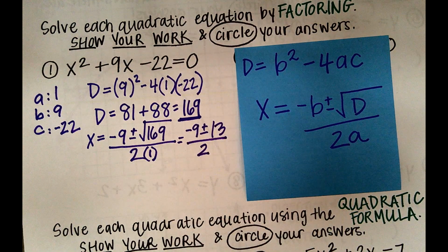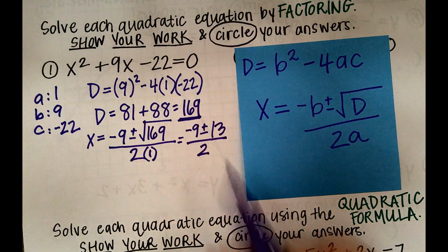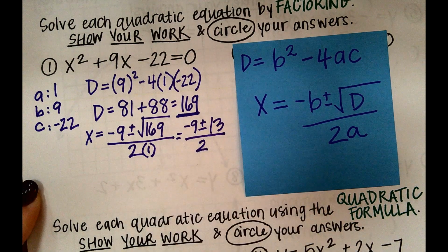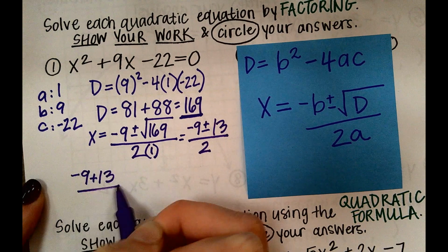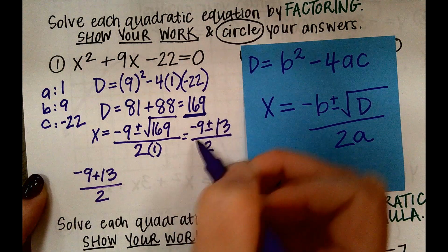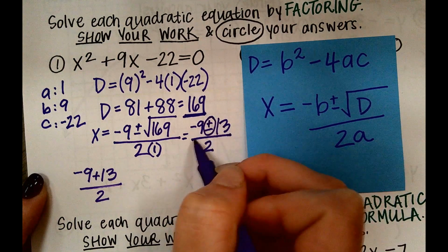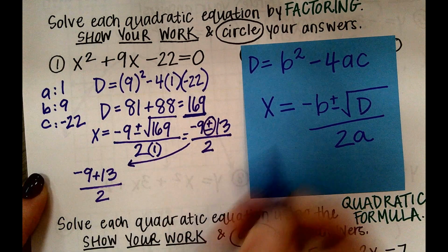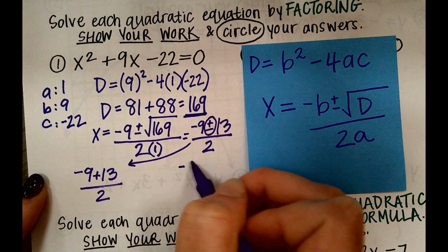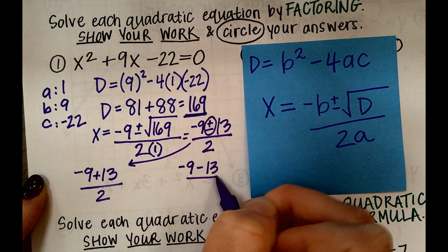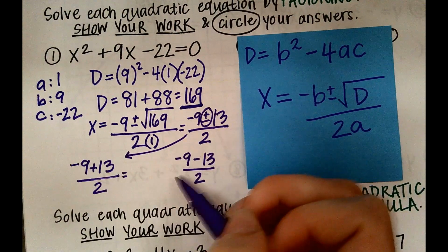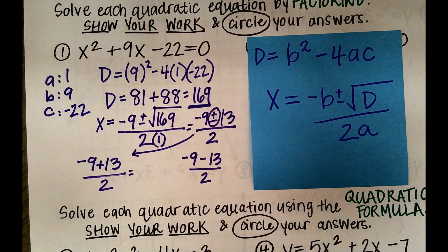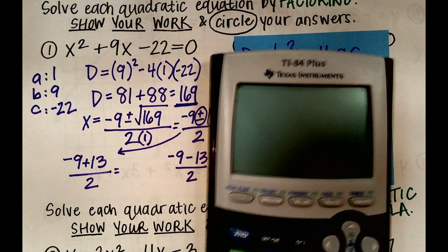Okay, now raise your hand. What do I do next? Jessica. You have to break them up into two problems. Break them up: negative 9 plus 13 over 2, and negative 9 minus 13 over 2. Good. Break them into the plus and minus. Negative 9 plus 13 over 2. Negative 9 minus 13 over 2. Okay. So, I'll do my plus first. Let's see.